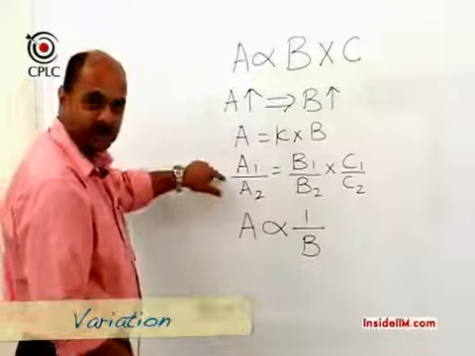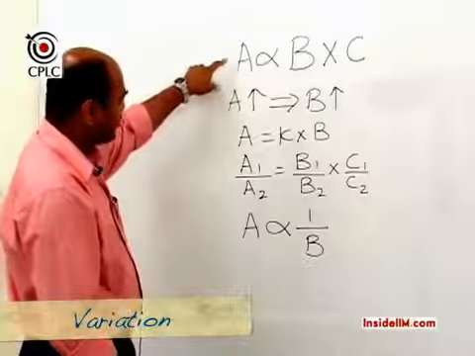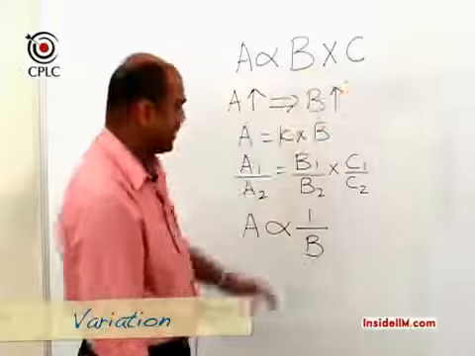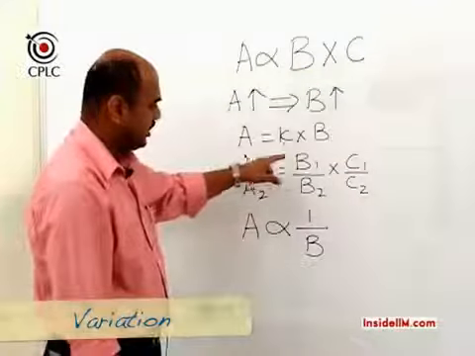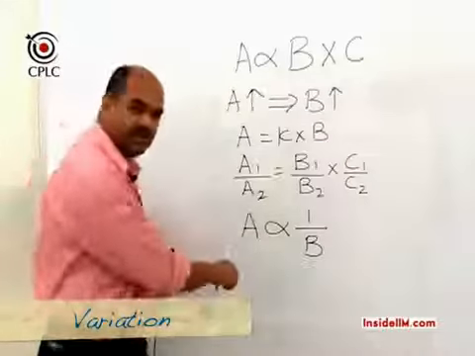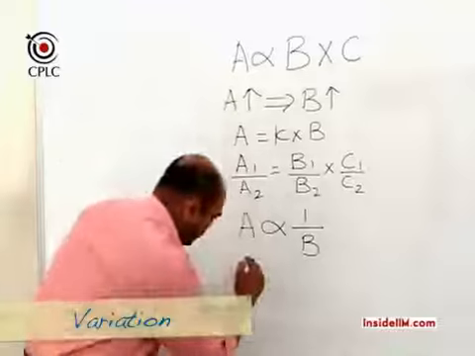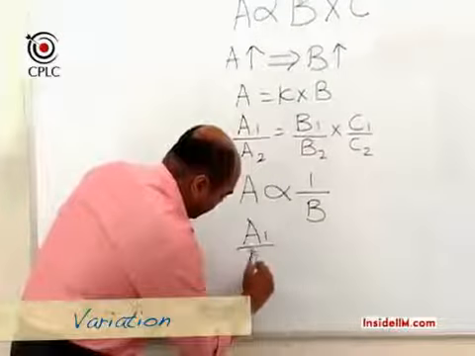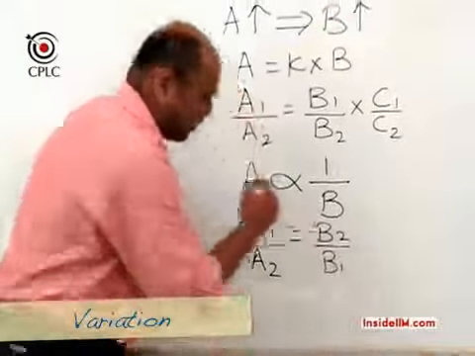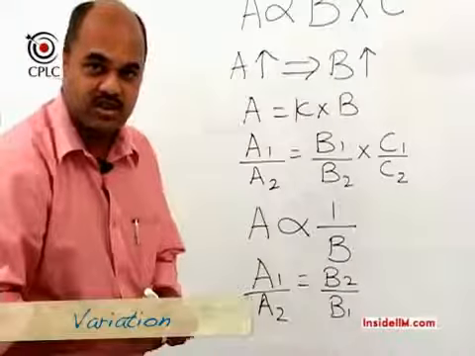Earlier I had straight away jumped from A varies as B into C, because it was direct, as A1 upon A2 equal to B1 upon B2 into C1 upon C2. So now if it is inverse variation, we can straight away say A1 upon A2 is equal to B2 upon B1, because this is inverse variation.